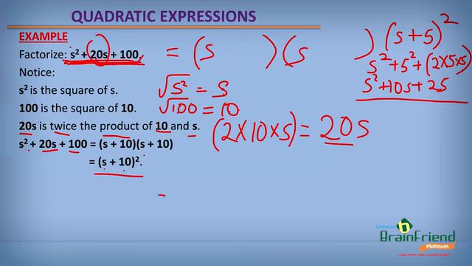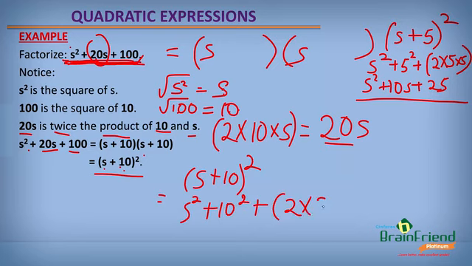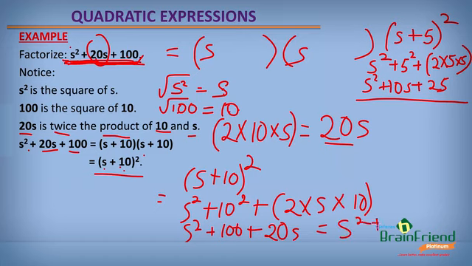And if we want to expand this to be sure, s plus 10 all squared, we have this, since this is a perfect square, say s squared plus 10 squared plus 2 times s times 10. And this gives us s squared plus 100 plus 20s. We can rearrange it to be s squared plus 20s plus 100, which is the same as what we have here.